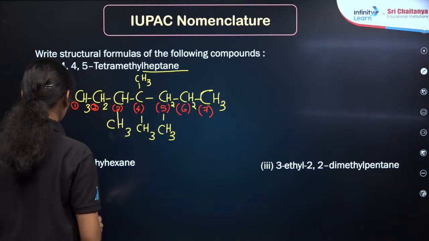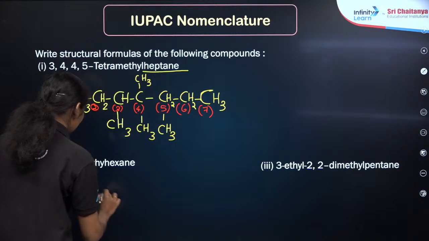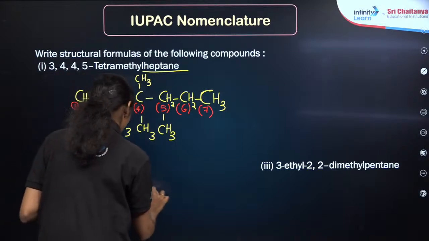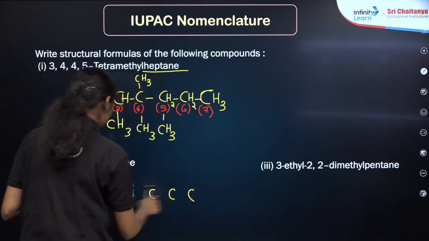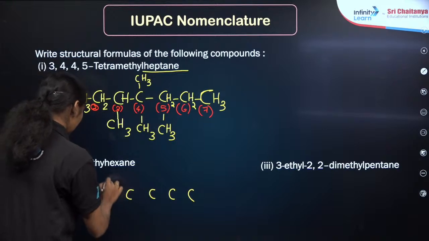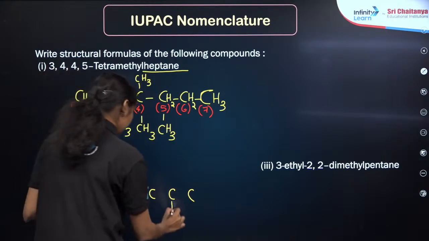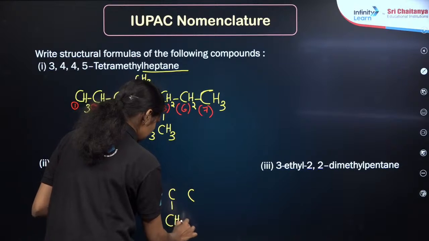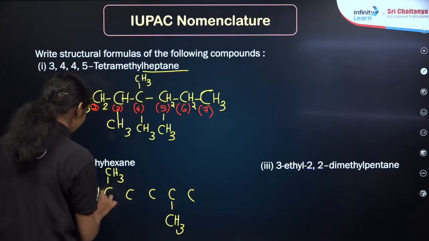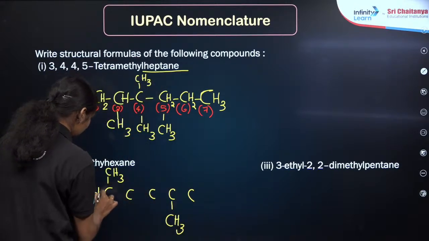Now what about the second one? Hexane, right? 6 carbon chain. So I will draw the first 6 carbons. This will be the second position. It will be methyl. Then in the 5th position, it will be again methyl, right? CH3. So we have to balance the valencies of carbon by adding hydrogen.